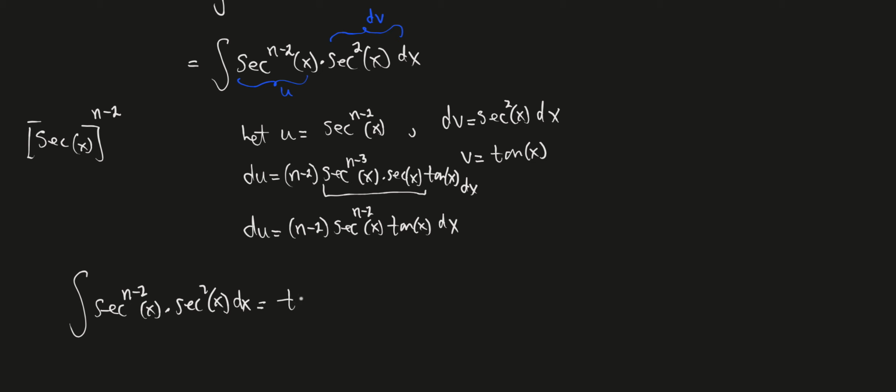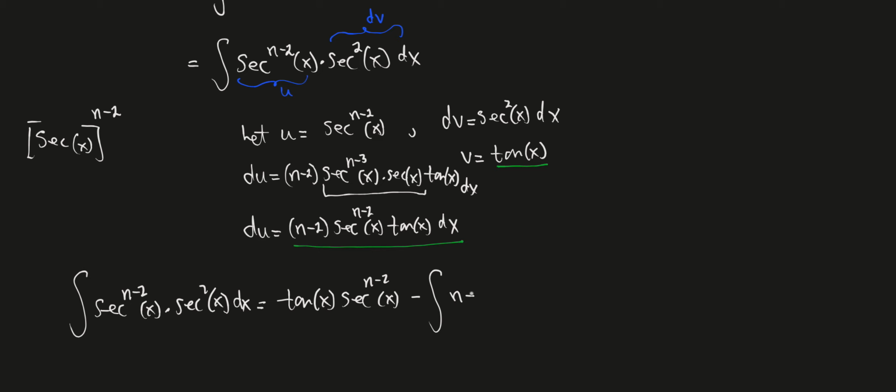So let's say we put the tangent function first, and then we have secant to the power n minus 2 of x, and then the rest of the formula is minus the integral of v times du. So I have to multiply this function and this differential. But when I multiply these two, I have two factors of tangent, so that will give me tangent squared. So I still have my n minus 2. I still have my funny expression here for secant, but then I'll have a tangent squared, and then I'll have my dx. So let's write that down.